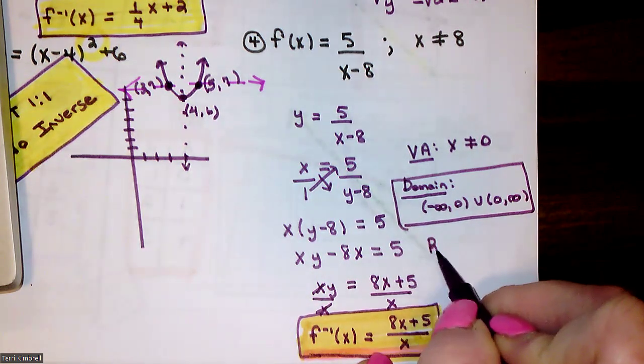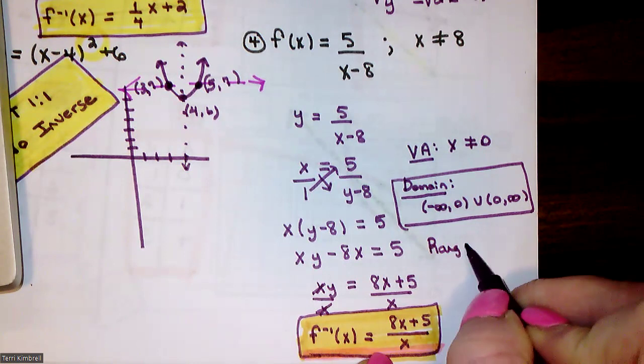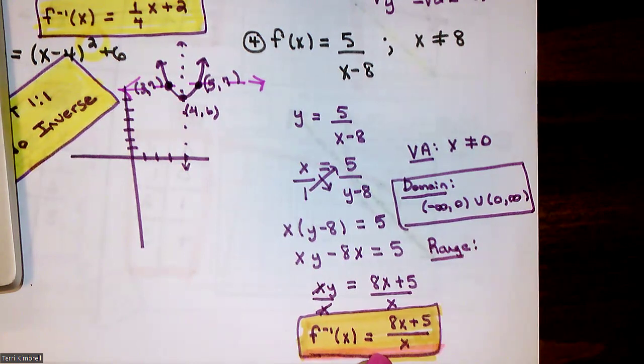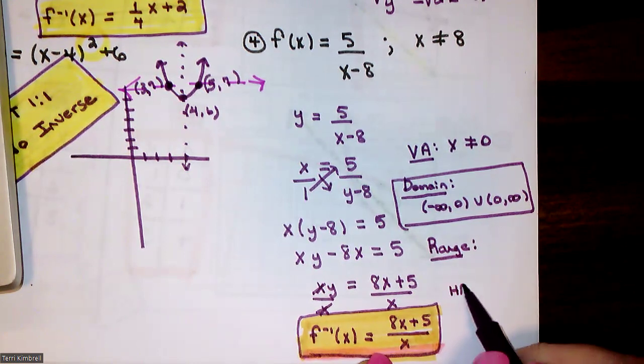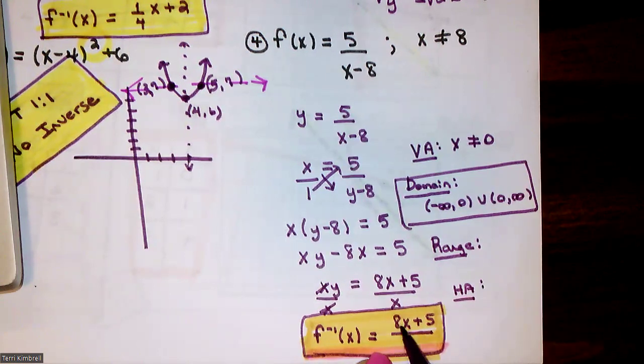Okay, the range, you're going to look at your horizontal asymptote. Remember, with your horizontal, you're looking at the degrees, and both of these are the same. So you're going to divide 8 by 1.